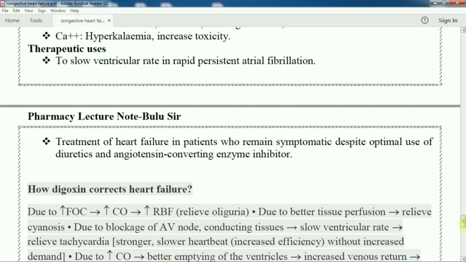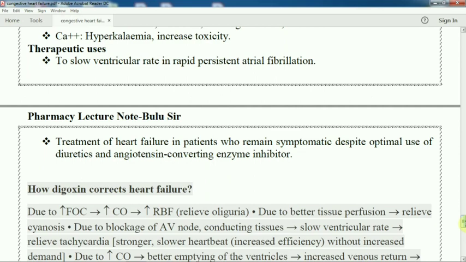As a result, the renal blood flow, RBF, also increases. Relieves oliguria. Due to better tissue perfusion, relieves cyanosis. Due to blockage of AV node conducting tissue, it slows the ventricular rate, so relieves tachycardia. So a stronger, slower heartbeat increases efficiency without increased demand.